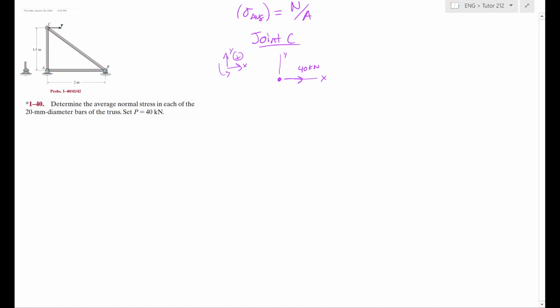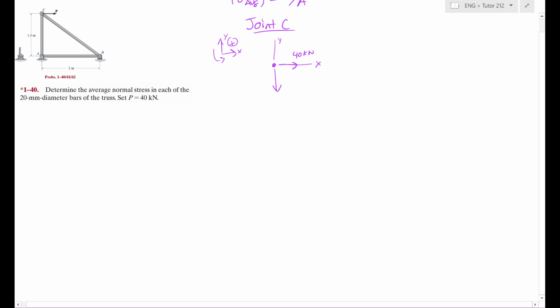All right, there's that P, that 40 kilonewtons in the x direction. And then remember for trusses, the convention is to draw them in tension, so it's going away from C. So this is going to be F sub AC, and this will be the force for BC.